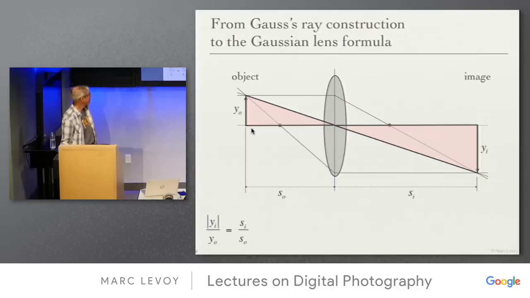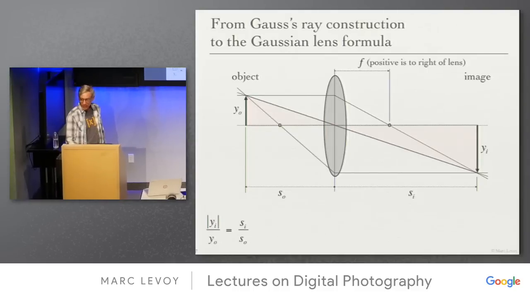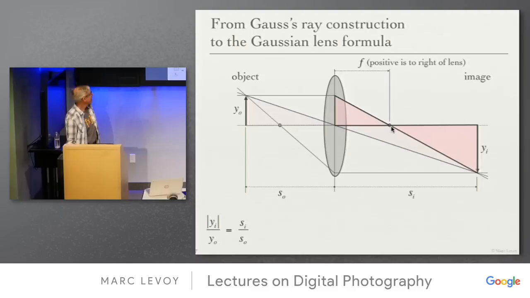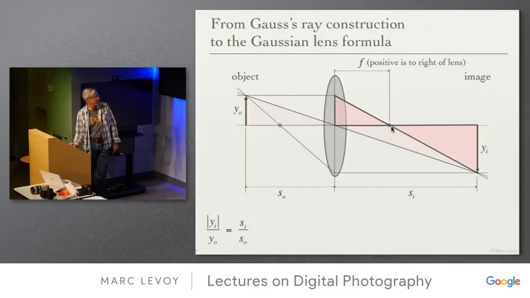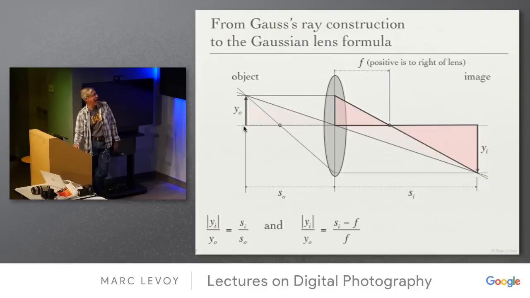Okay, similar triangles. No sweat. There's the focal length, because that ray that's parallel to the axis does go through that point. And here are two other triangles. And now this says this is to this, which is the same as this is to this, which is SI minus F is to F. That's this.